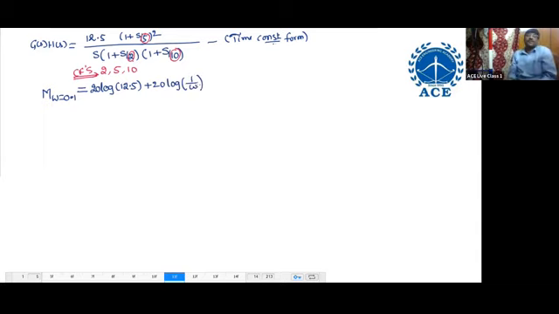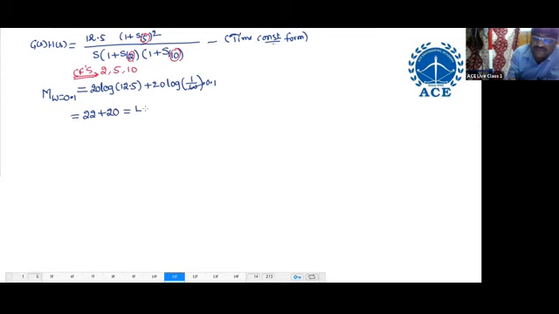Now substitute omega 0.1. 20 log 12.5 is about 22 dB, plus 20 log of 1 by 0.1, which is 10, so 20 log 10 is 20.